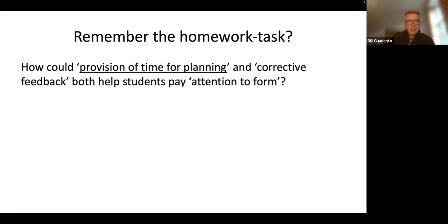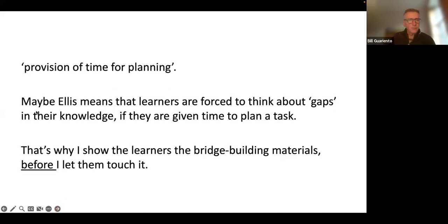And I think it was Amal and Taqwa who said that it's useful to give students time to think about what they want to say. Okay, provision of time for planning. And I think Ellis means, just like Amal and Taqwa said, that learners are forced to think about the gaps in their knowledge if they are given time to plan a task.